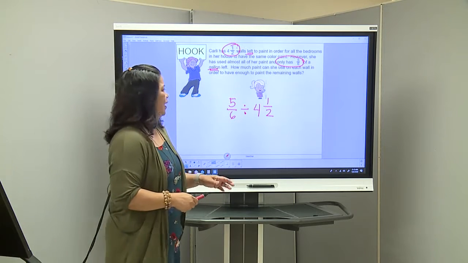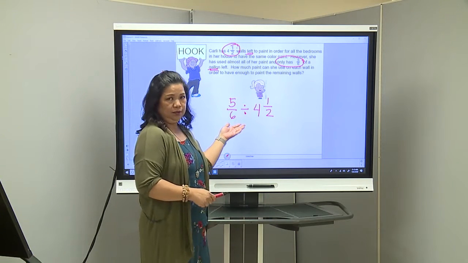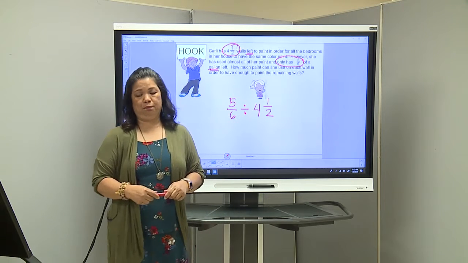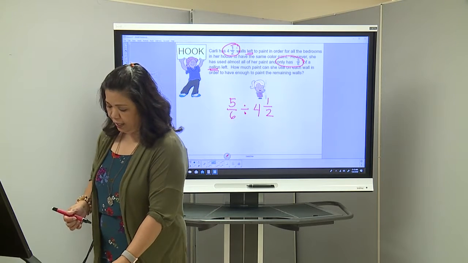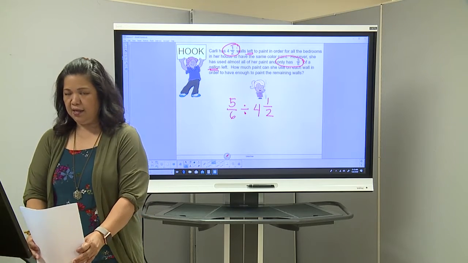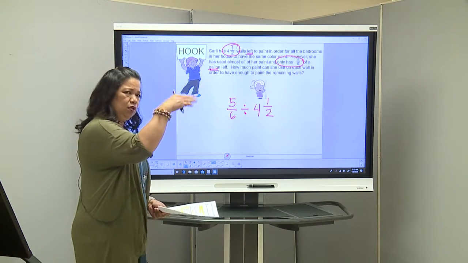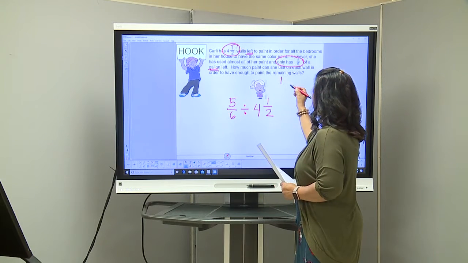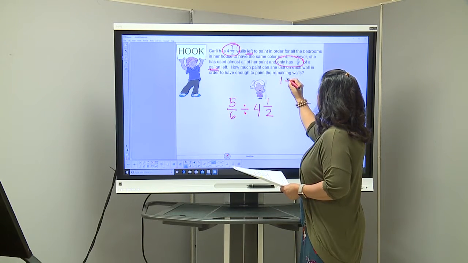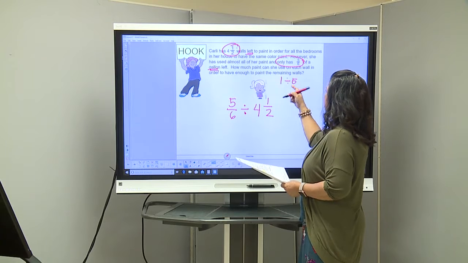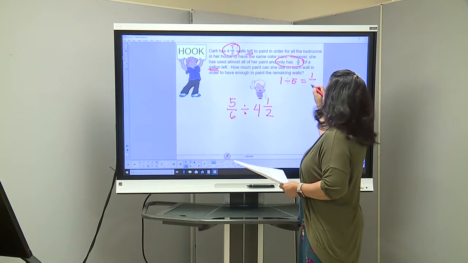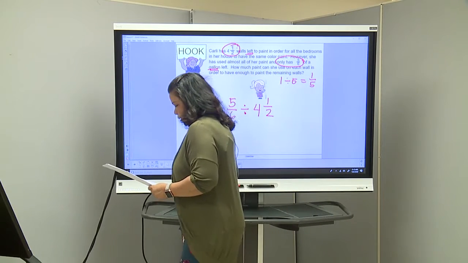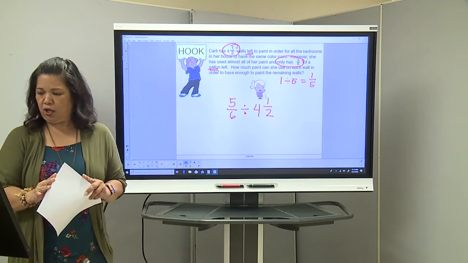You are dividing a smaller number by a larger number. So you are correct. It must be less than 1 gallon because, remember the previous lesson? If we have a smaller number, say 1 divided by 5, that's smaller than 5, what is the answer? It's less than 1, right? Okay. So let's look at this problem and let's solve it.